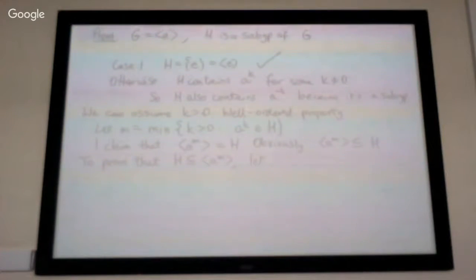How does one prove inclusion? Look at any element of H and prove that it is also in the other set. That proves the definition of the subset.